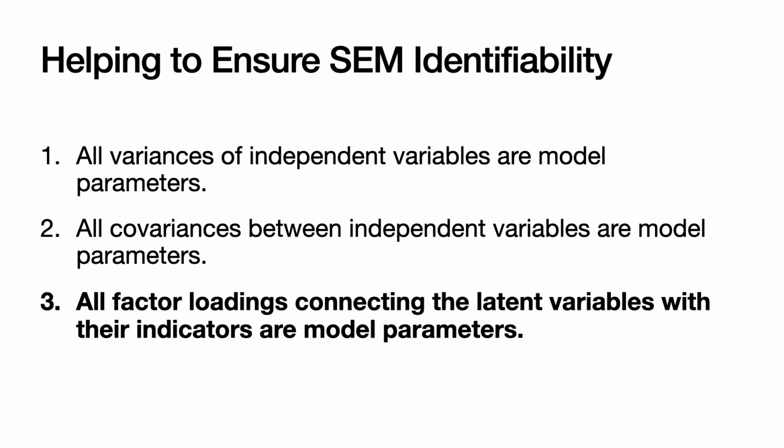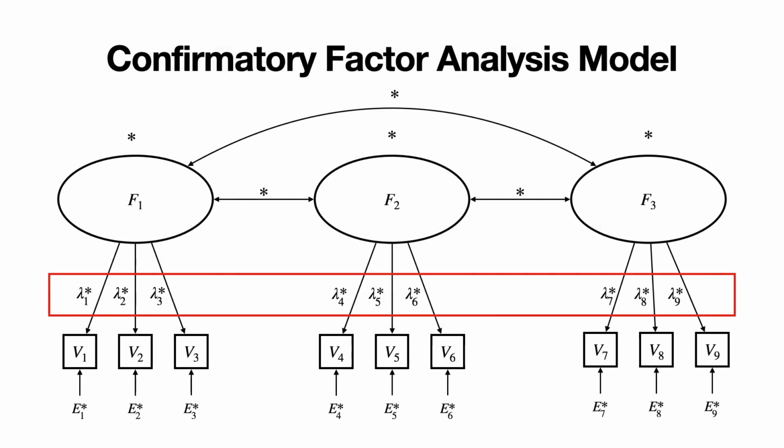Rule number 3, all factor loadings connecting the latent variables with their indicators are model parameters. Looking at the path diagram, we see that we have lambda 1 through lambda 9, the factor loadings. Each one has an asterisk associated with it, and so we have identified those as parameters that need to be estimated in order to fit the model.